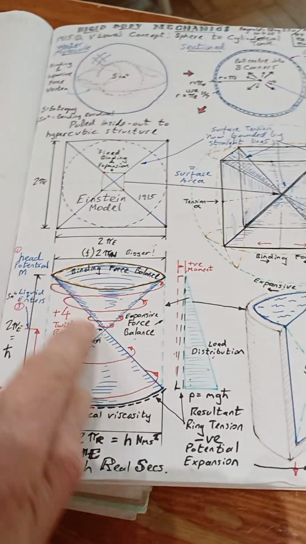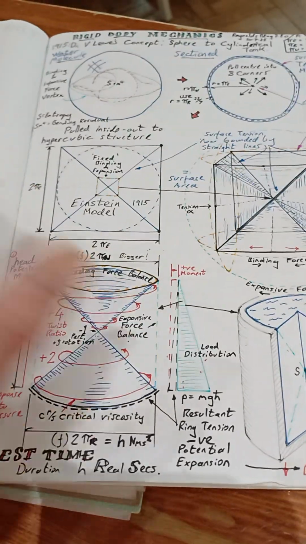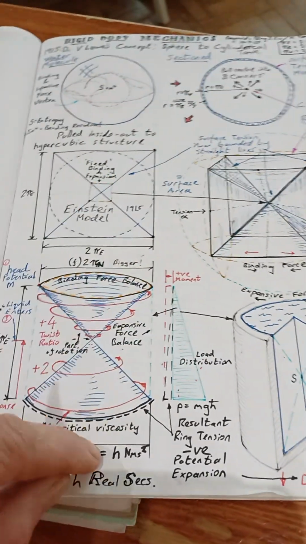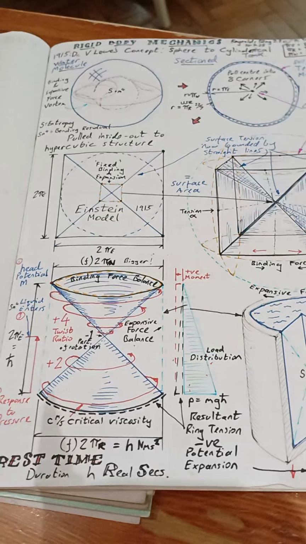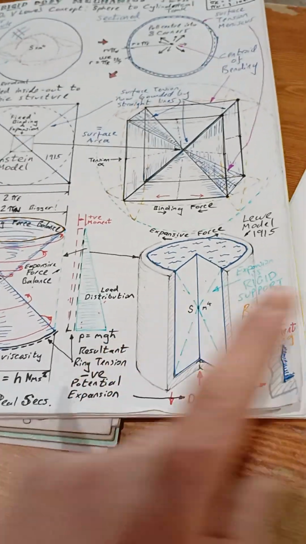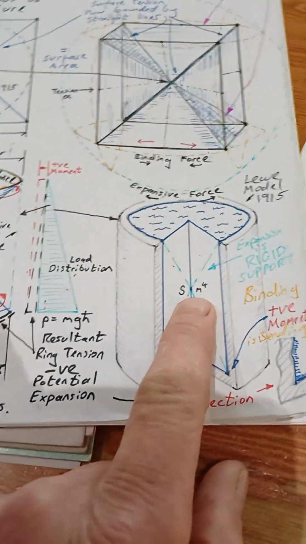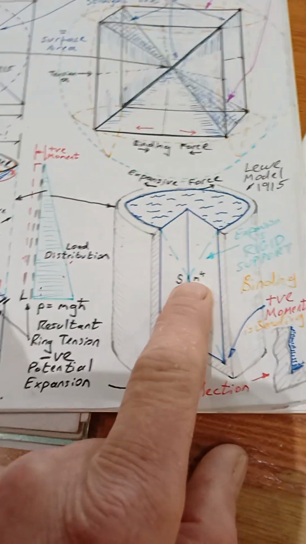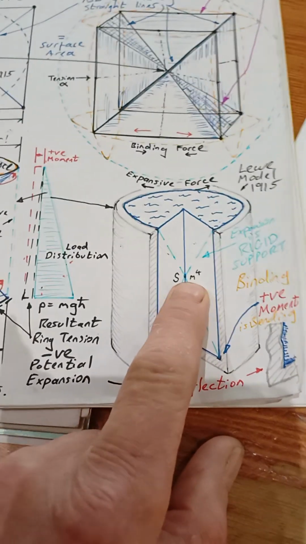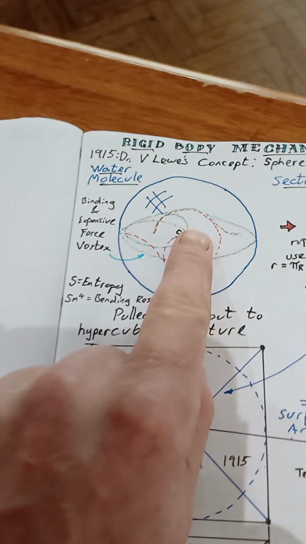Then there'll be this is water, and there's a cavitation, which is vacuum energy. And there are 2 twists and 4 twists, and that system is eternal. And then you go back to a concrete cylinder and you're turning it back to the center, and you can see what you're analyzing using Lewe's method is the entropy, the bending force of entropy, which exists at the center of the tank and exists at the center of water.